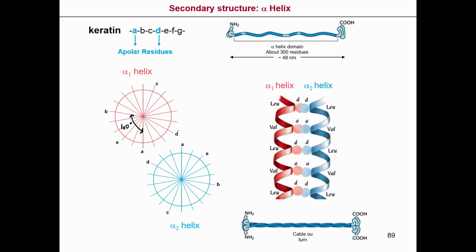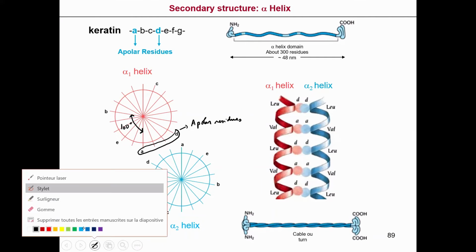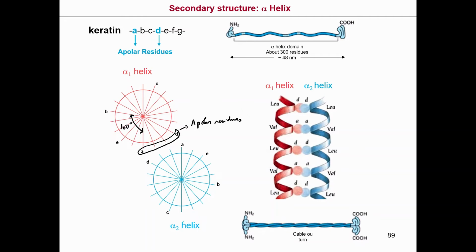Okay, so it means that on this side of the first alpha helix, you have apolar residues. In the second alpha helix, you have also A, B, C, and D. It means that you will also have the apolar residues on the side of the alpha helix.